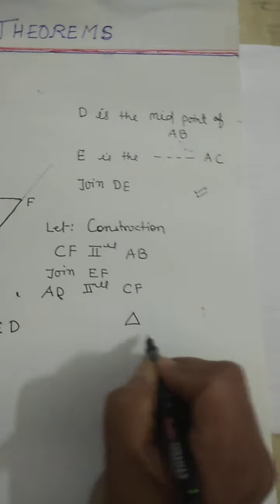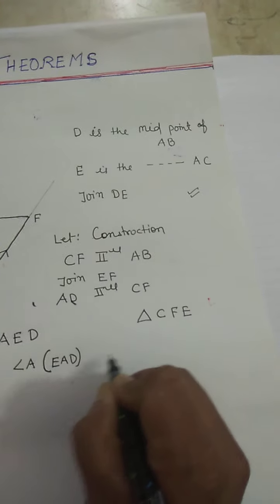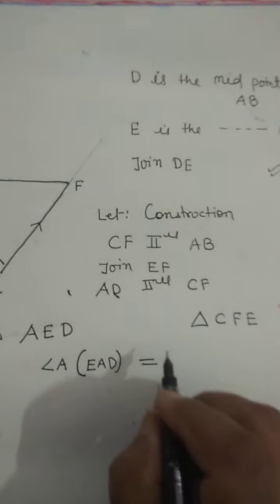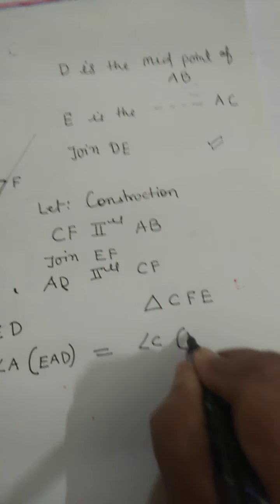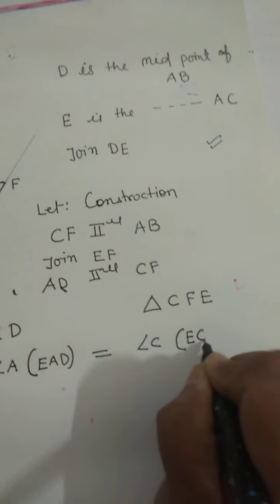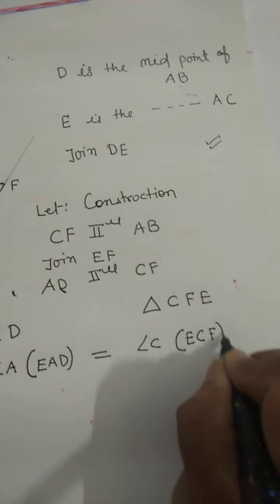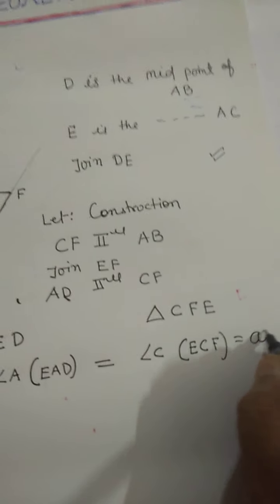We can say angle A, that is in brackets angle EAD, is equal to angle C, that is in brackets angle ECF.